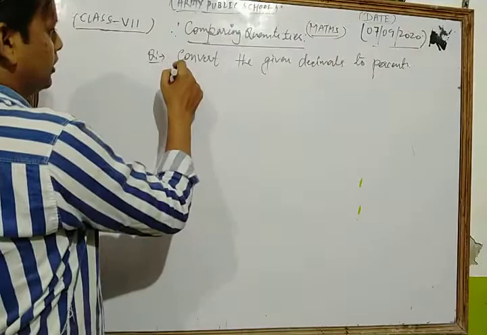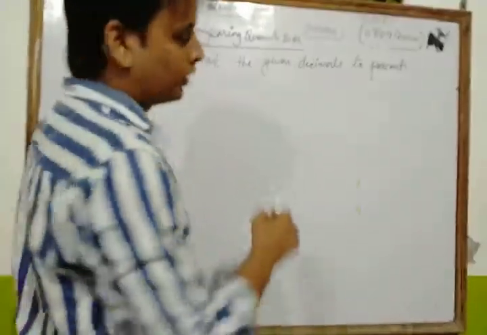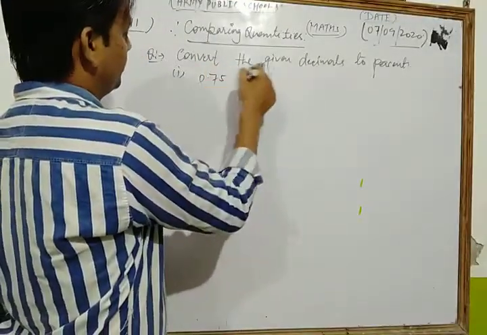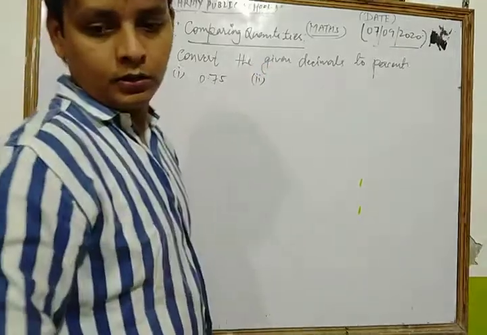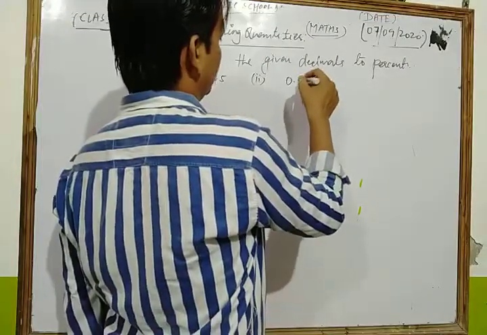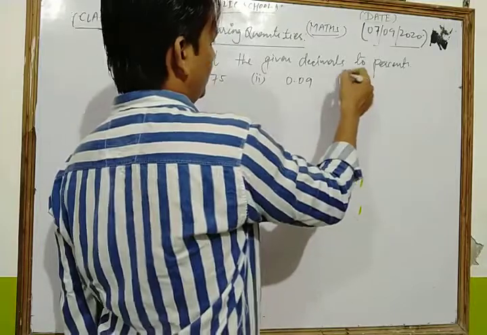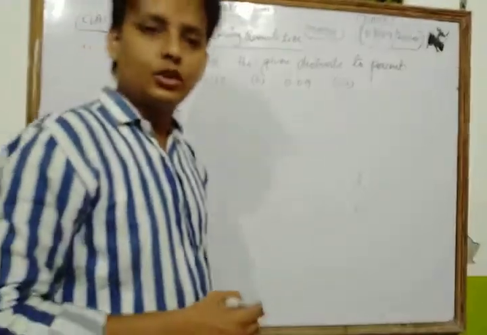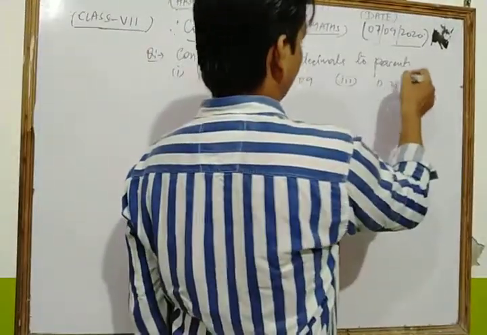Your first option is 0.75, the second one is 0.09, and the third one is 0.2.